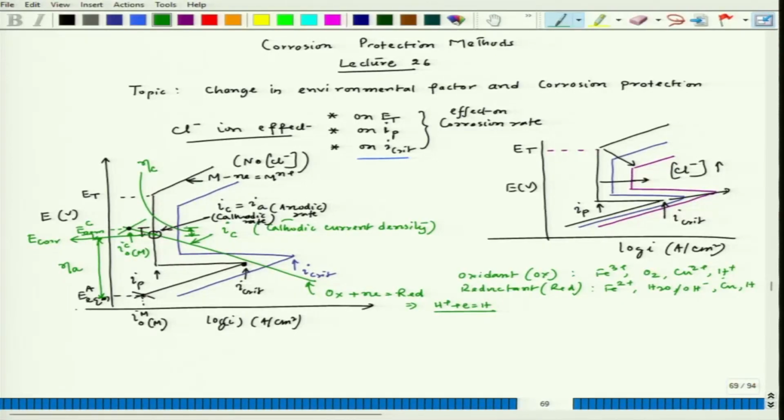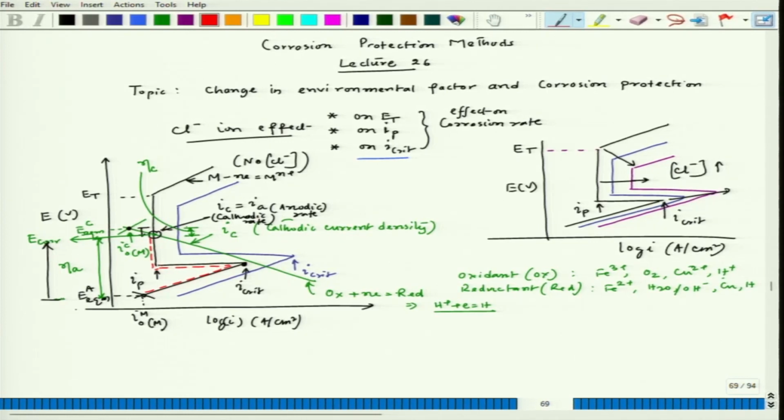Now, for this kind of situation, as the potential of the anodic part is dragged to this value, it will not go randomly from here to there. It will follow this track.